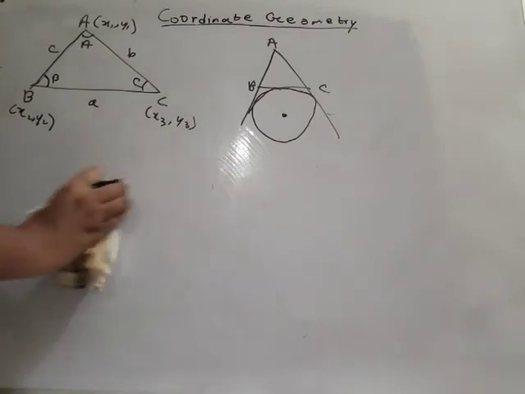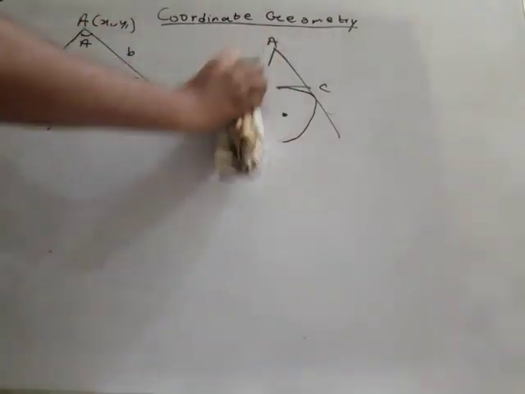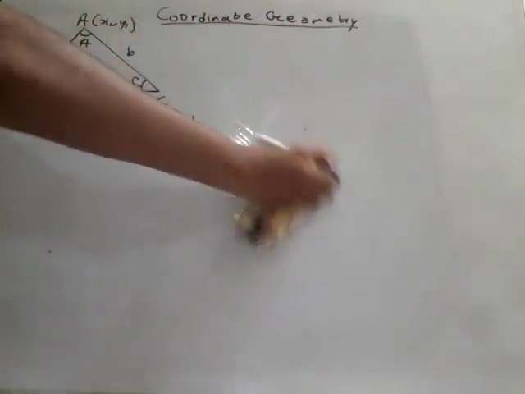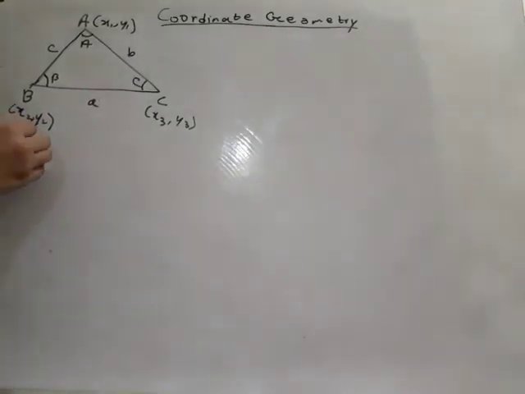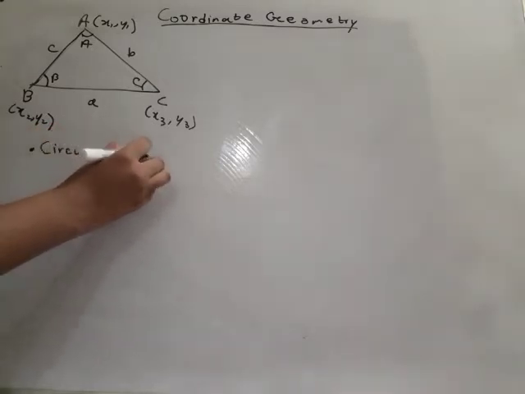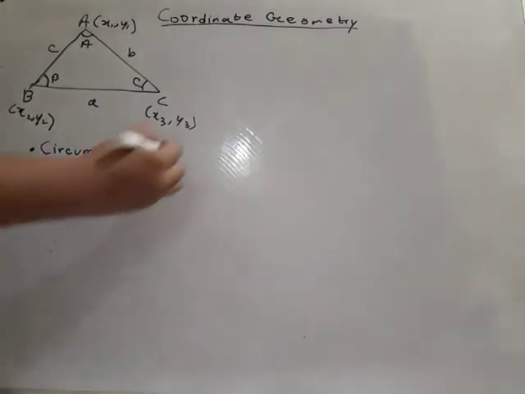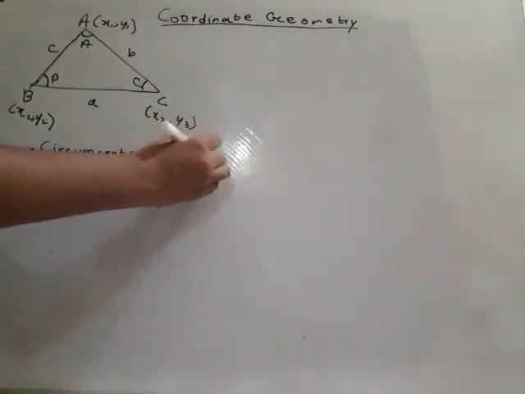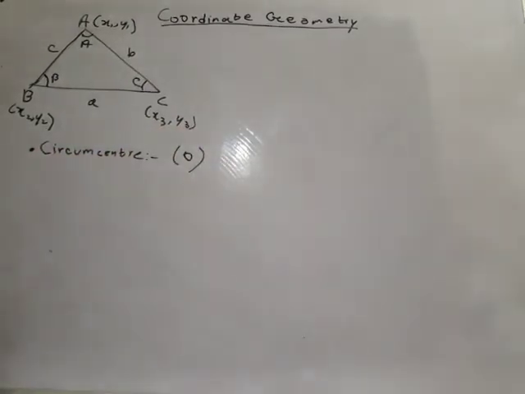Now comes the fourth and most important, the circumcenter. Maximum questions come from this part. What is the circumcenter? The circumcenter, often termed as O, is the point which is equidistant from all three vertices of the triangle.